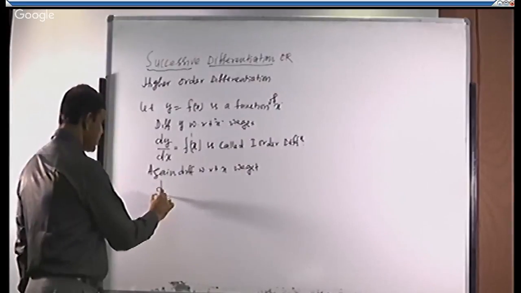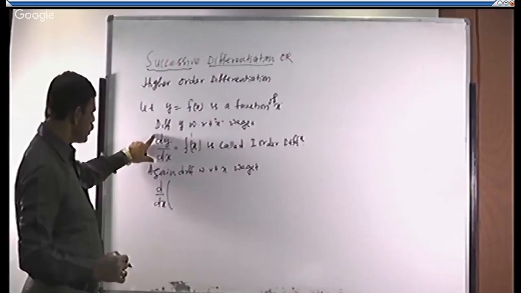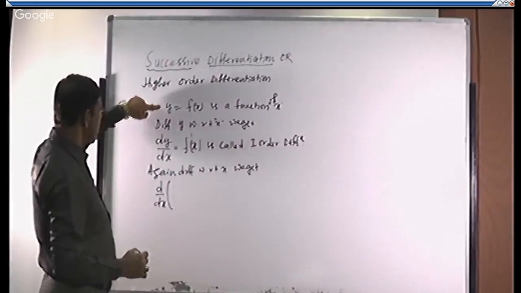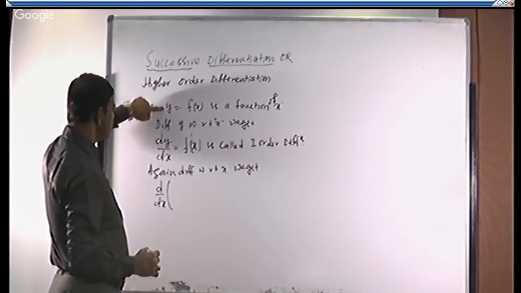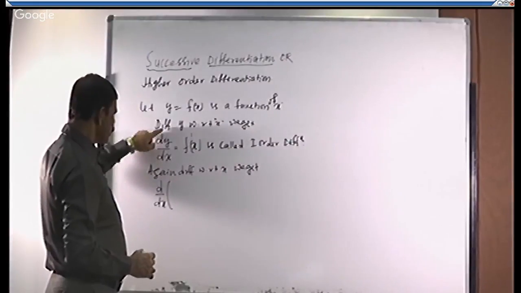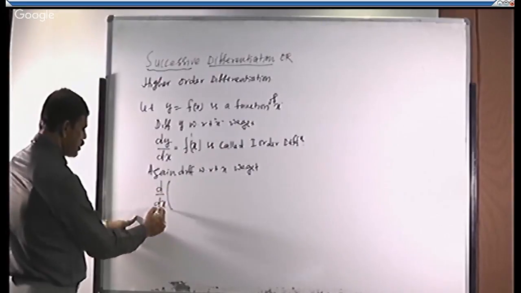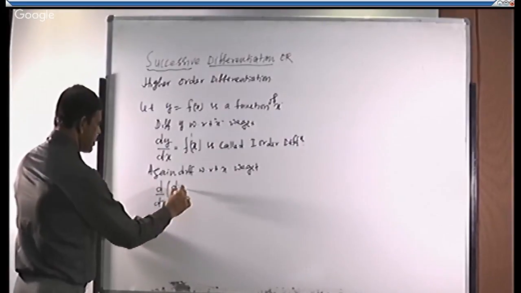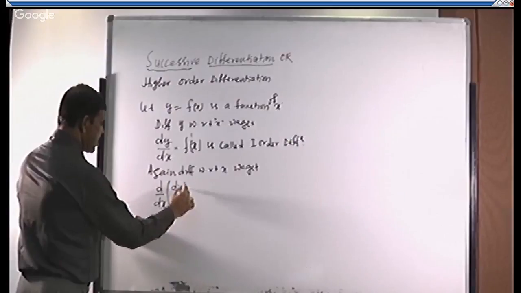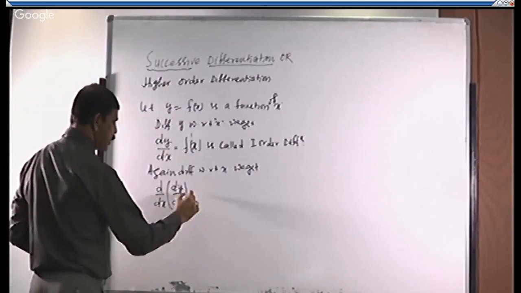d by dx of what we are going to differentiate. We are going to differentiate dy by dx. So here y is there, it is differentiated, dy by dx of y. Like that, if you differentiate this dy by dx, we will take d by dx of dy by dx. We are differentiating dy by dx again with respect to x.